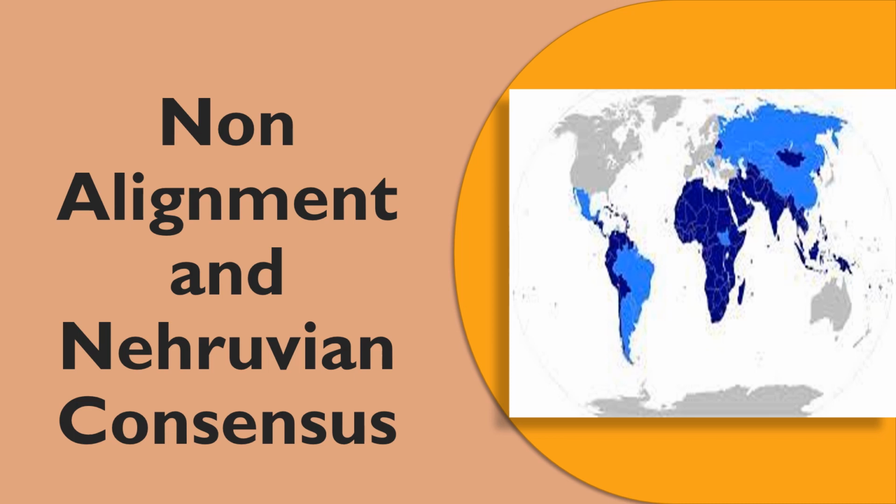Nehruvian consensus was built around the ideals and principles that had developed in the course of India's struggle for freedom. The influence of Mahatma Gandhi was profound on the entire course of the Indian national movement.